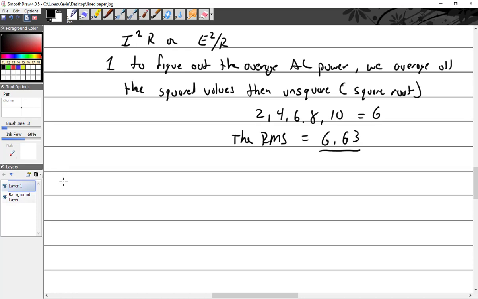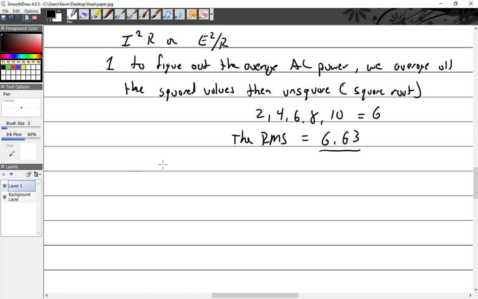All right. Another way of saying this is all the instantaneous values of the sine waves are squared. The results are added together, divided by the number of results to get an average or a mean. The square root of this gives the effective voltage. This is called the root mean square value.